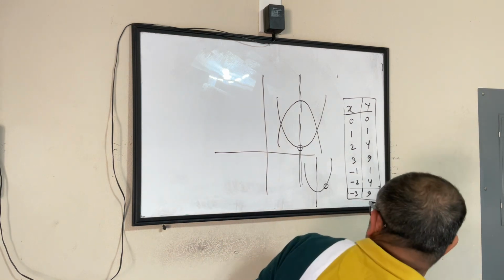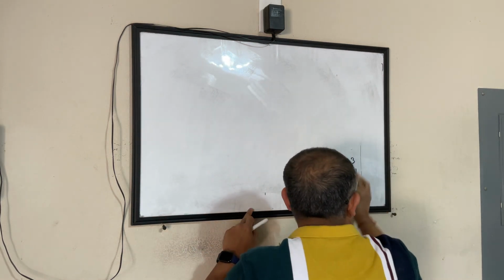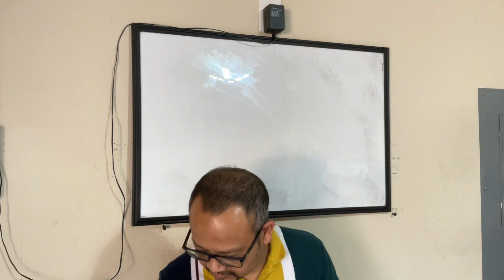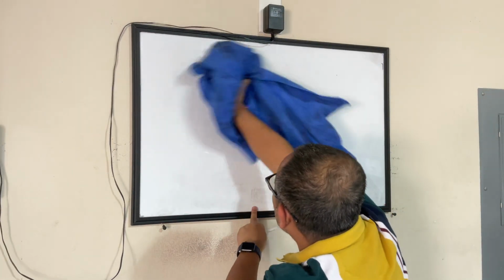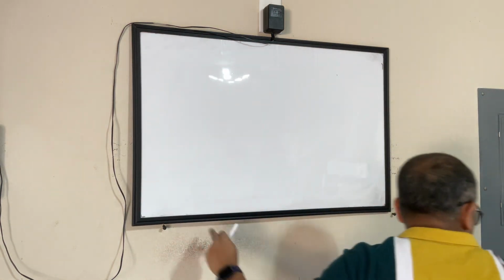Now let's dig a little deeper into it. One thing that we had discussed and agreed so far is that when we have a quadratic equation, it doesn't draw a straight line, it draws something which is a little curvy in nature, which we are calling a parabola.